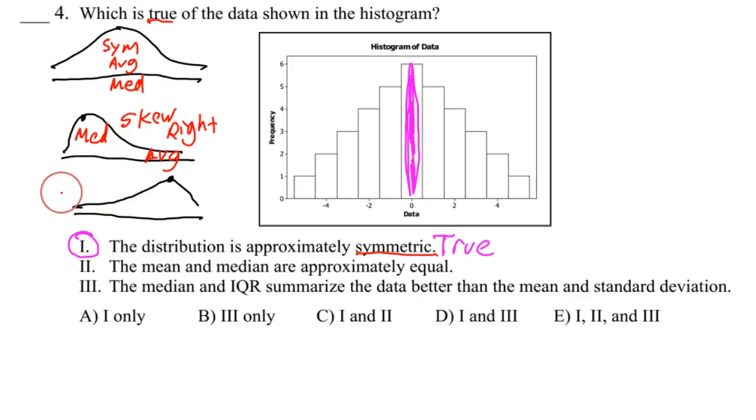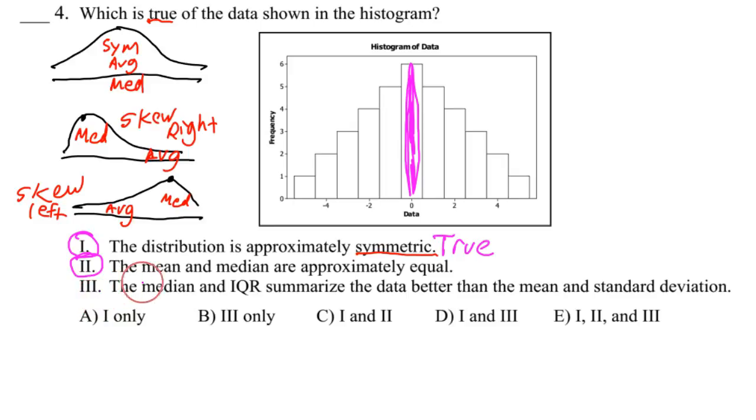In a skew left distribution, this last one, again, the average goes in the direction of the tail. The median is where most of the data is. So the mean and the median are approximately equal if the distribution is symmetric. Well, we just said that this was a symmetric distribution, so this right here, number 2, is true.